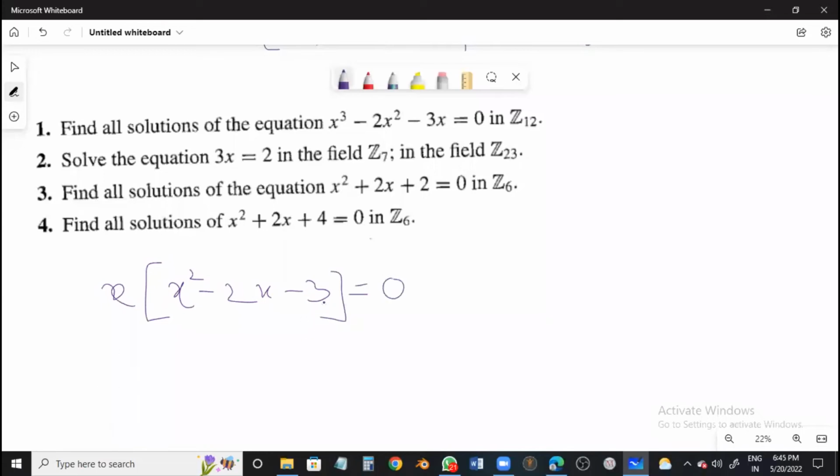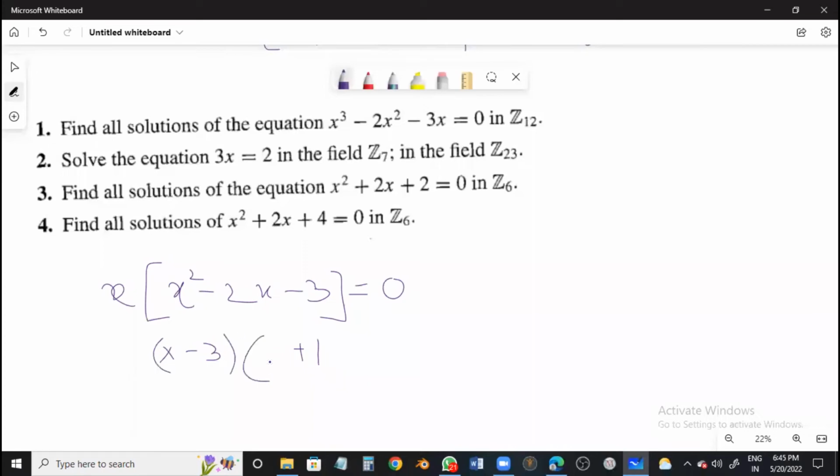Okay. Now I can guess for the factor because I know 3 can be written as 3 ones are 3. I'll take minus 3 and plus 1. What is the product of minus 3 and plus 1? Minus 3. Yeah, and the sum is minus 2. So I hope I'm quite clear here.